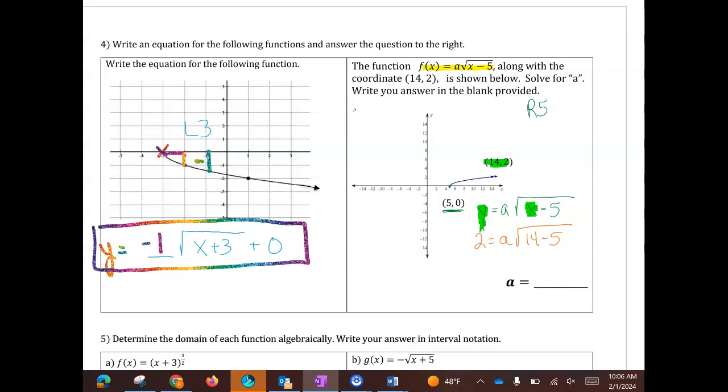I just need to get a alone. But what I'm going to do first is get this a little more simplified. So 14 take away 5 is 9. The square root of 9 is 3. And now to get a alone, I divide by 3. And so a ends up being 2/3. And that's all I had to do on this one was just say what a is.